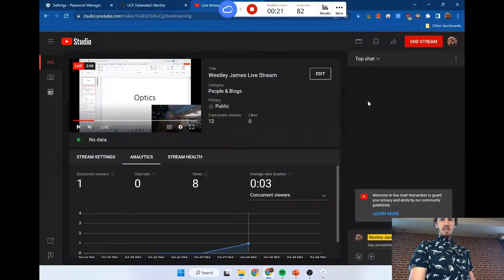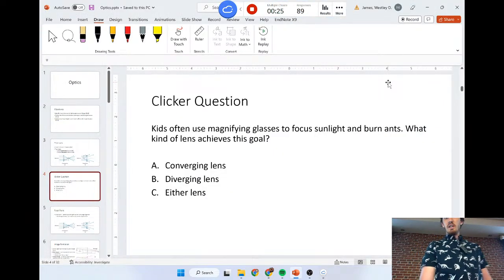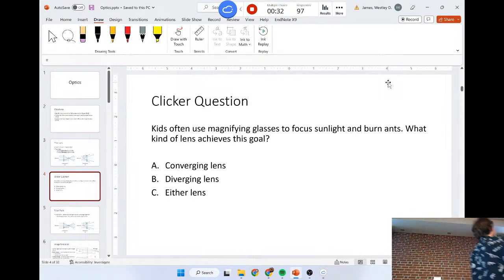I'm not going to wait super long for this because it's fairly straightforward. It's going to be the answer you expect. Converging, diverging lens, or either. So we'll go to 1 minute, so it's 20 more seconds.